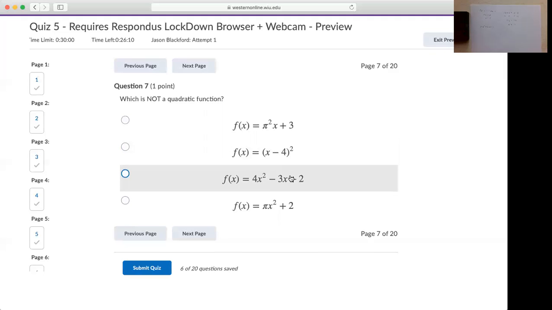Here we have an x squared term. And here we have an x squared term. And over here, this first one, pi squared, we're squaring pi, but we are not squaring x. So that's why this is actually a linear function, because it's in the form of mx plus b. If it's linear, it can't be quadratic.